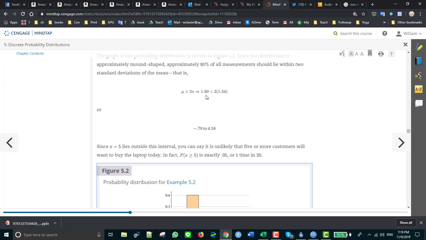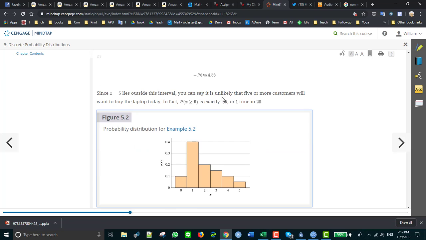So if you take 1.9 and add 2 sigmas to it, what does that do? Start at 1.9 and go up 1 sigma, and another sigma, brings you up to something like here. And going down from 1.9, 1 sigma and then another sigma down to here.